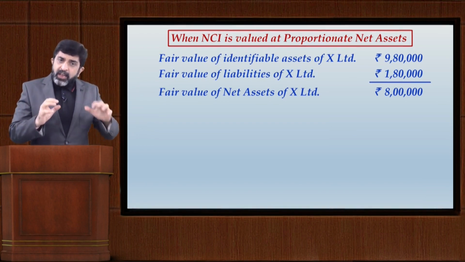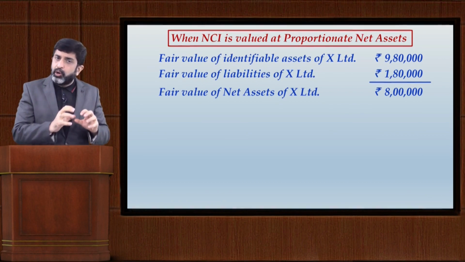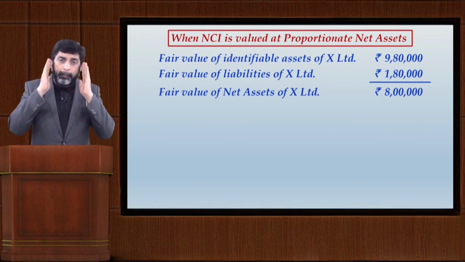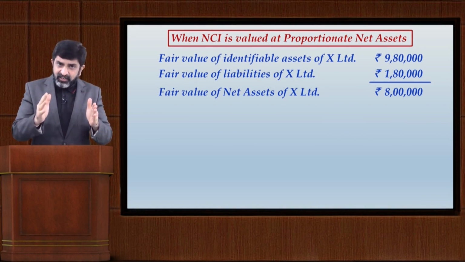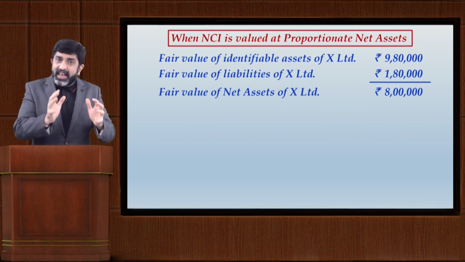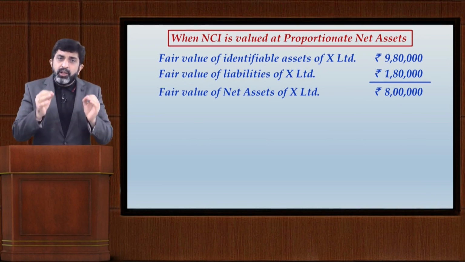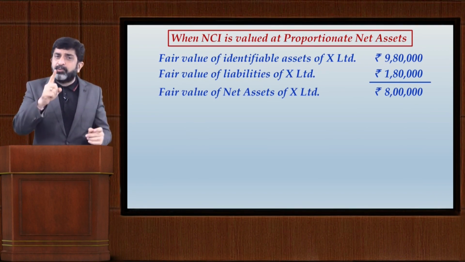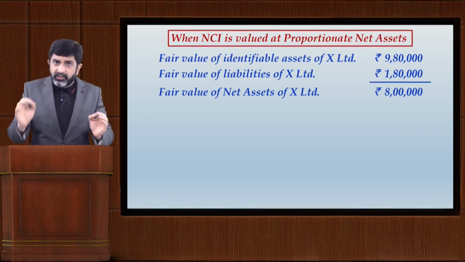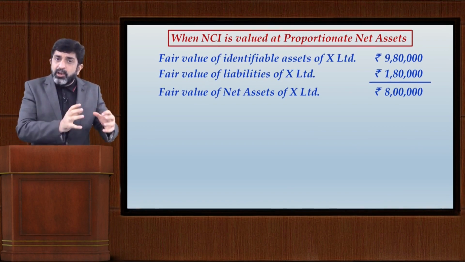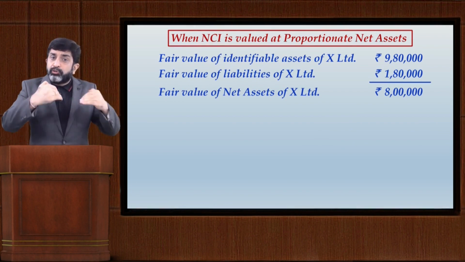We have acquired only 80% of its equity. So if you can look into one thing, the proportionate net assets. So 8 lakh is the net assets in totality. We have acquired 80%. So 80% of 8 lakhs would be 6,40,000, correct? And 6,40,000 is the value of net assets that belongs to us.